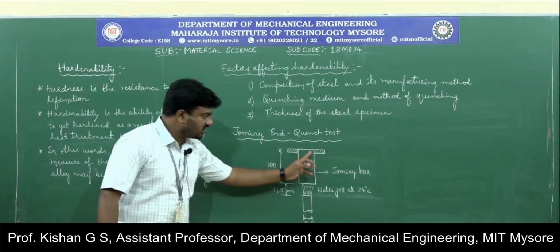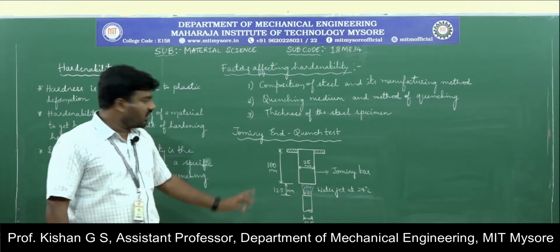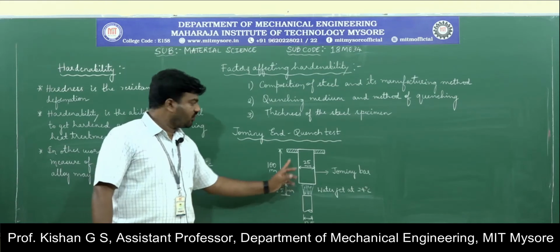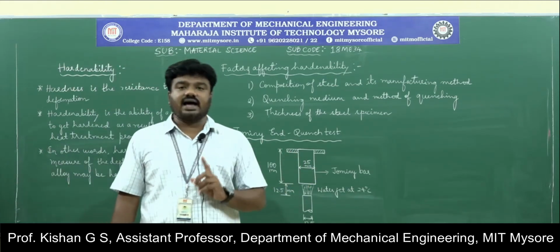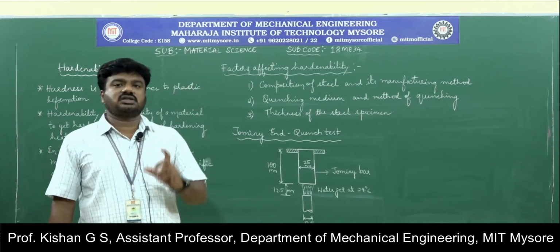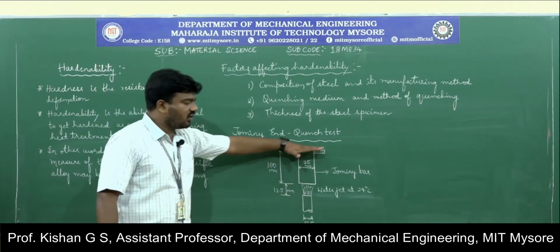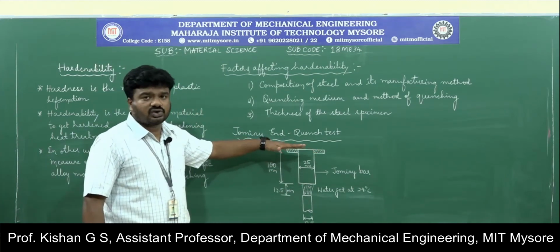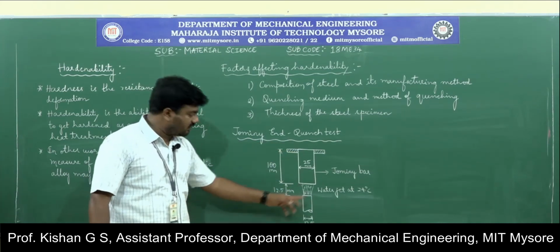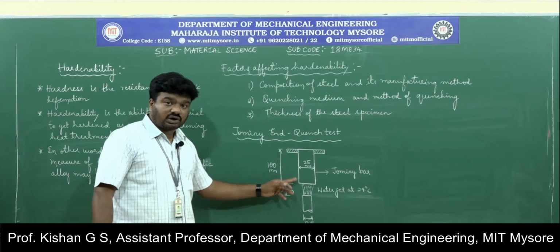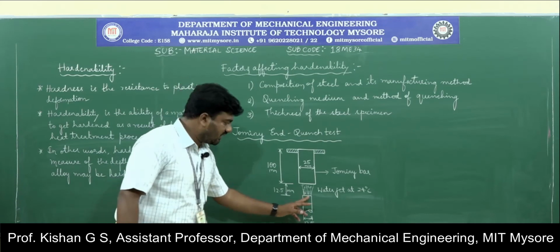This is the specimen. The specimen is given a standard dimension of 100 millimeter length and 25 millimeter diameter. The specimen is held on a fixture, and we have a gap of 12.5 millimeter from the end of the Jominy bar to the inlet of the water jet.